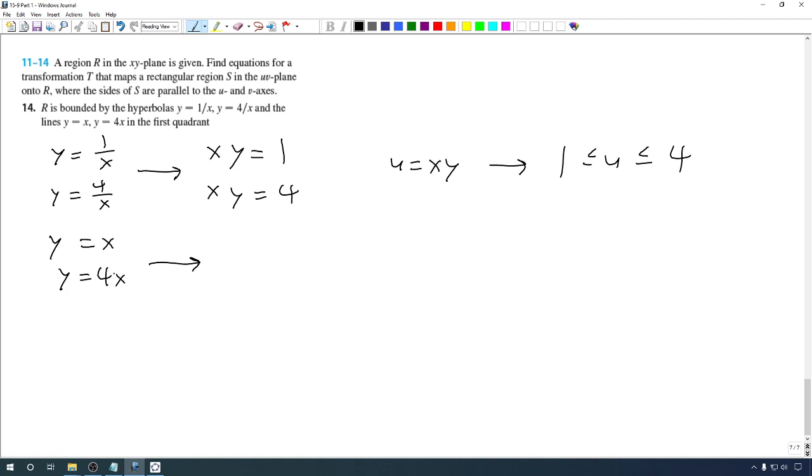But it turns out the easiest way to tackle this is to divide by x. If we have y over x equals 1 and y over x equals 4, then it corresponds very nicely. But that's not probably what you expected us to do with them. So we're going to set v equal to y over x, so that v is something between 1 and 4.